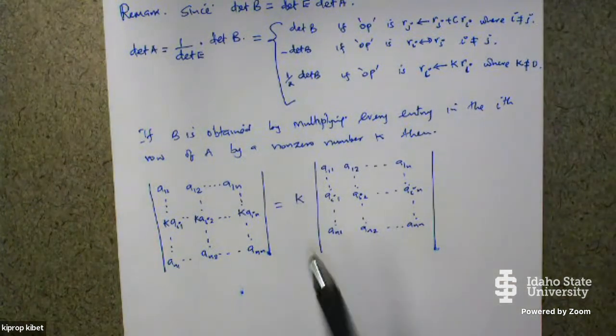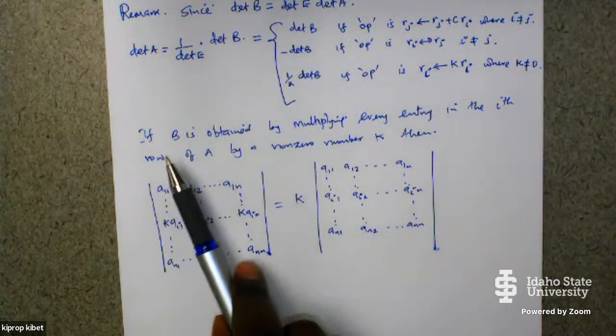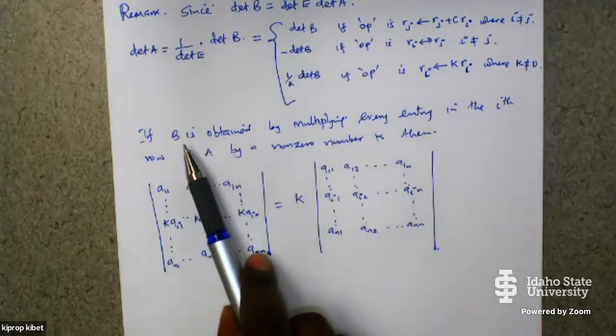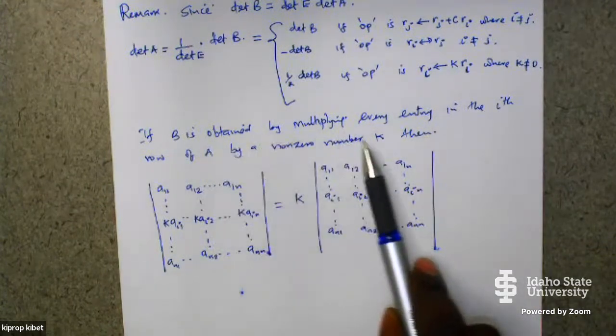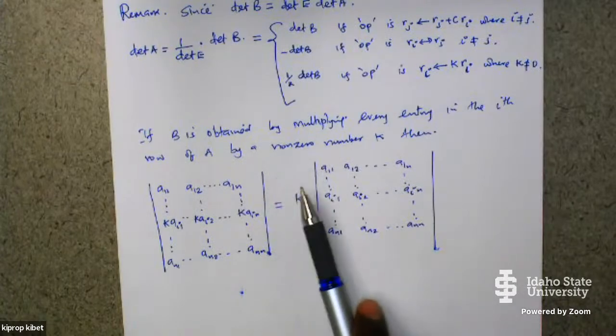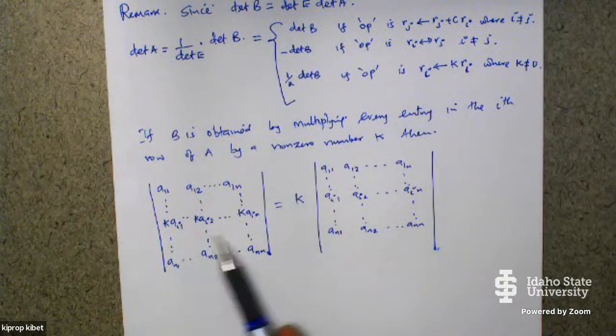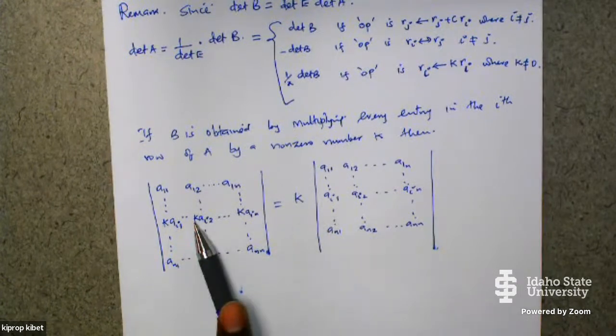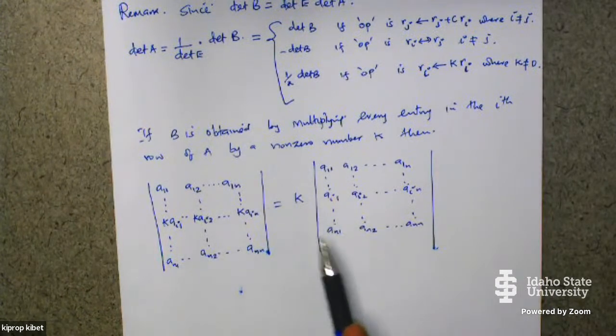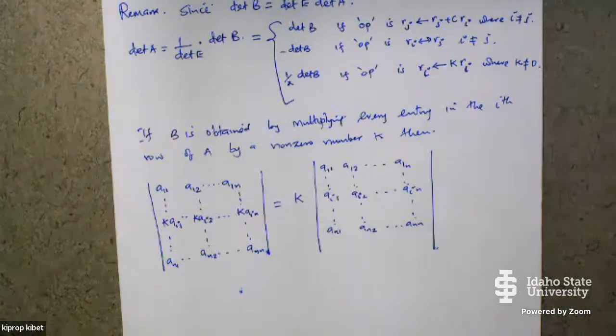So if the matrix which we get when we do the elementary row operation on A is obtained by multiplying a row by K, then the determinant is the same as factoring out that constant K outside.